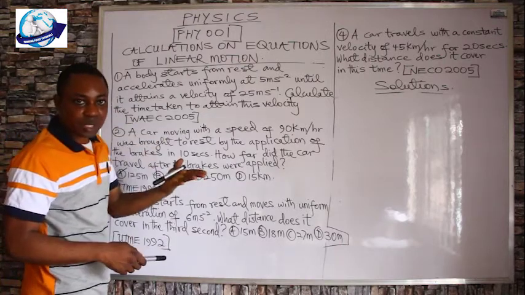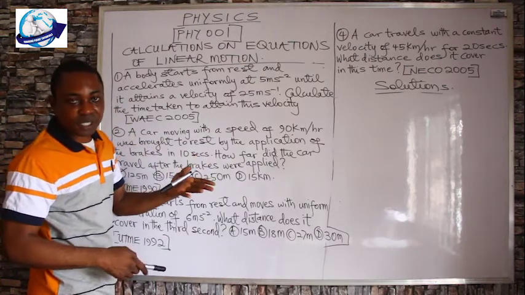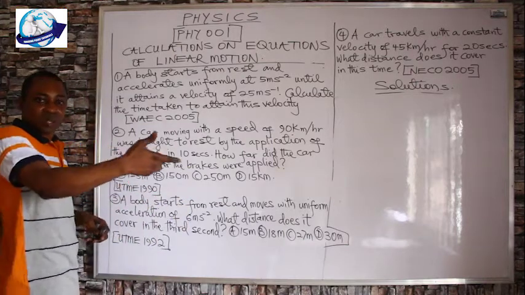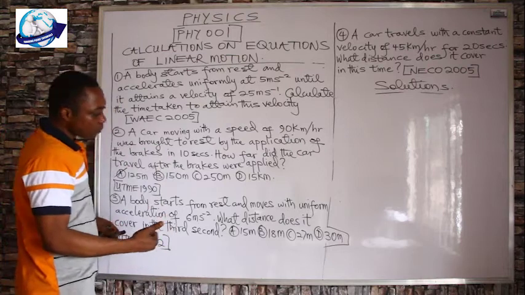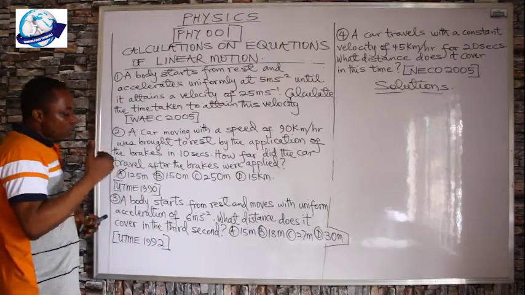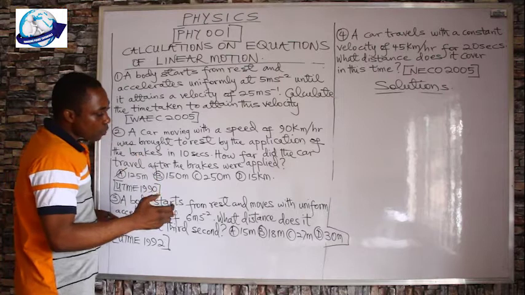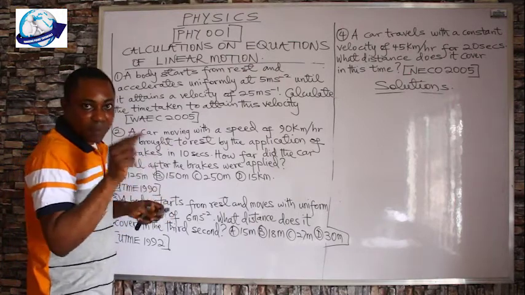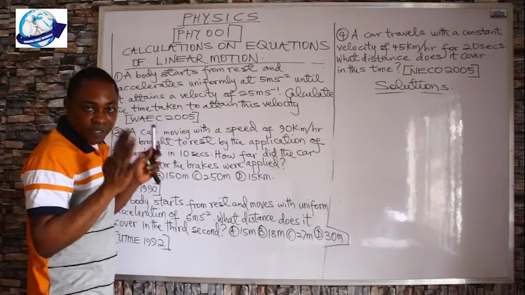Whenever you hear the words third second, fourth second, fifth second, last second, the second second, you have to understand that at this point we have to adjust some of our parameters. The time parameter must be adjusted to fit in very well.